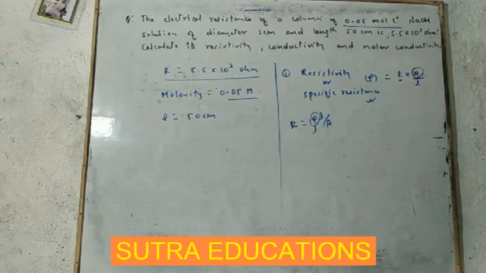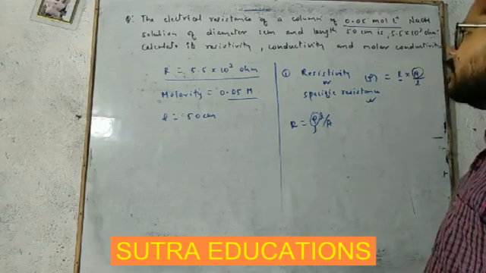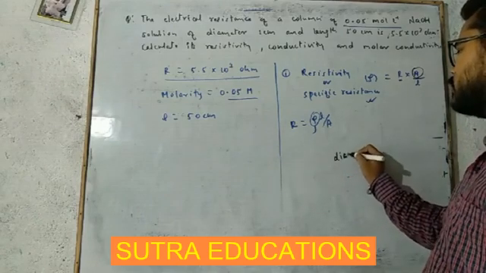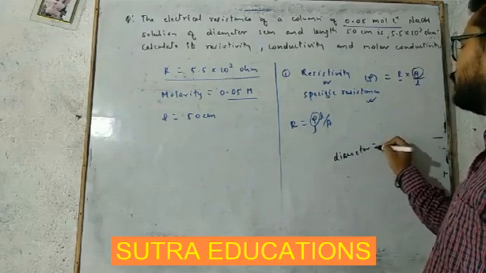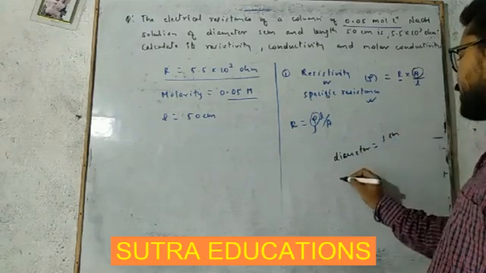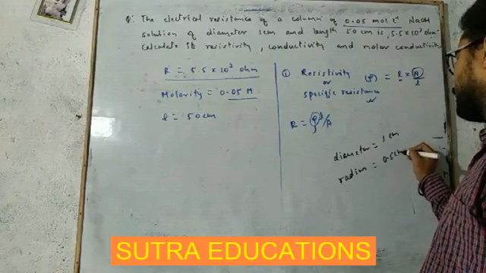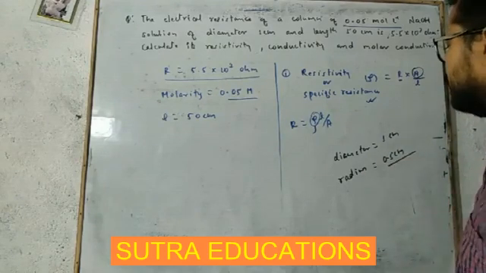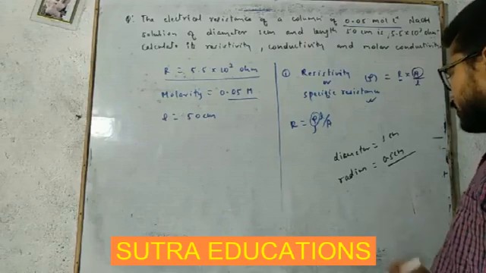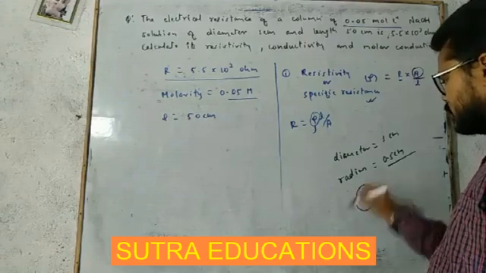So come to the question. The diameter is given, which is 1 centimeter. So radius will be 1 by 2, which means 0.5 centimeter. Radius we know, so what will be the area of cross section?